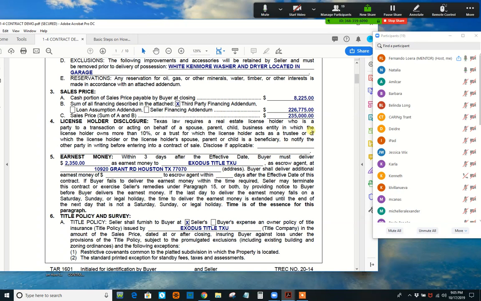So does the lender take care of or order that inspection? No, the lender takes care of ordering the appraisal. The home inspection can be ordered by the buyer, but the inspector has to be qualified, compliant with FHA and VA.